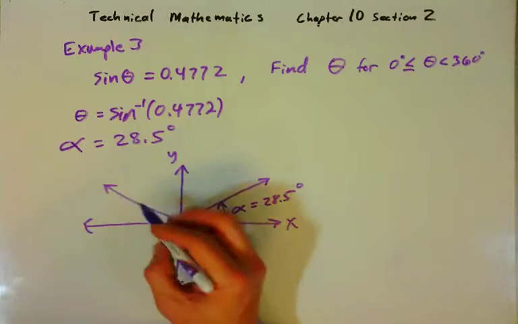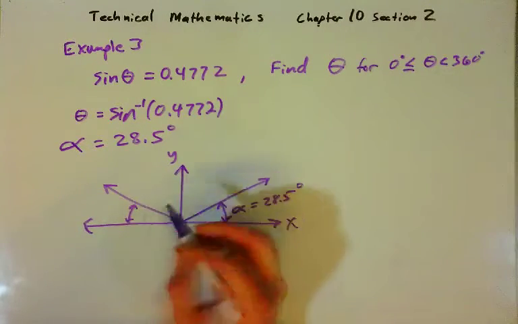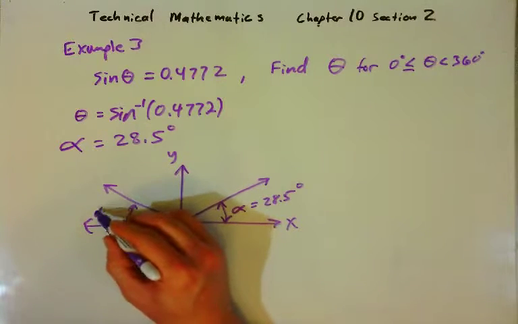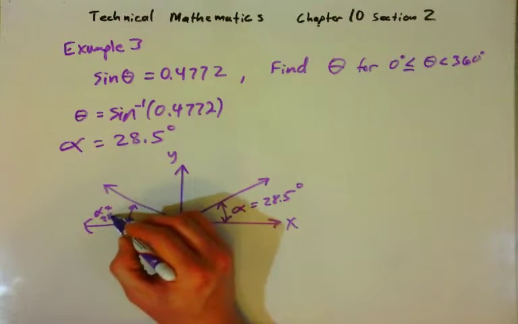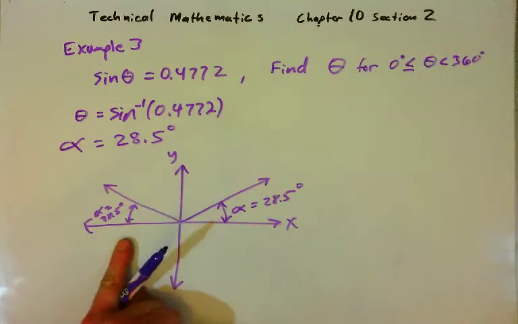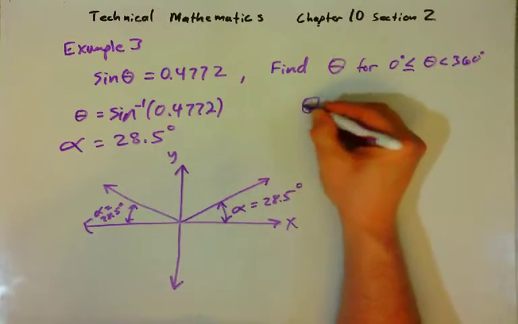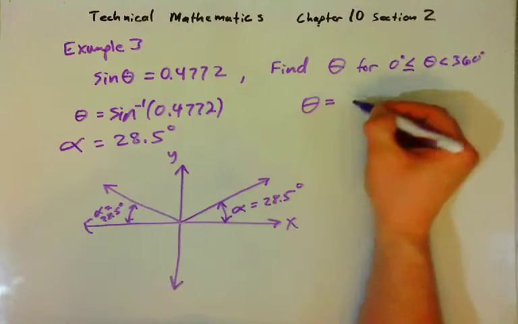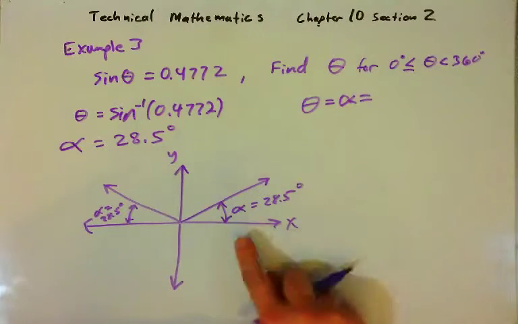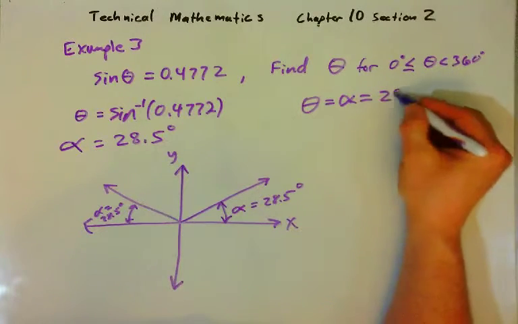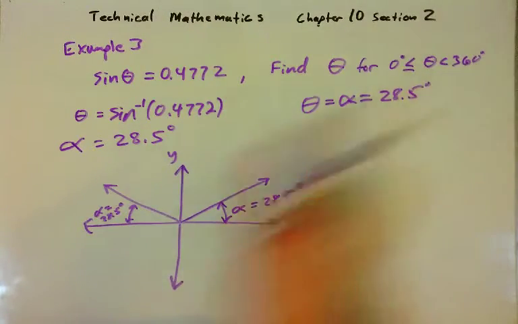The second answer is alpha is also 28.5 degrees, but in the second quadrant. And so in the first quadrant, alpha is equal to theta. And so there's two answers. One of them is that theta is equal to alpha in the first quadrant. So theta could be 28.5 degrees.